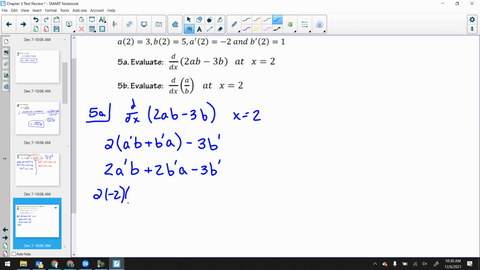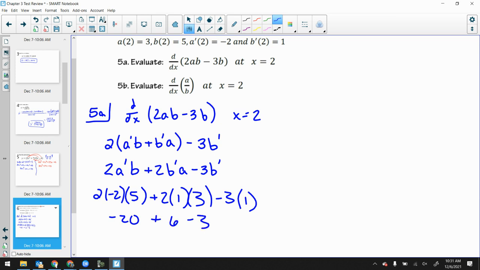B of 2 is 5. B prime is 1. A is 3. I'm just getting these from all of the stuff up above. Minus 3 times b prime, 1. So that looks like it should be negative 20, plus 6, minus 3. So negative 17, I believe.